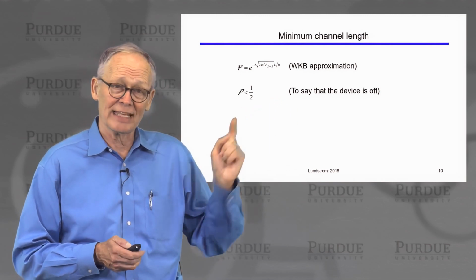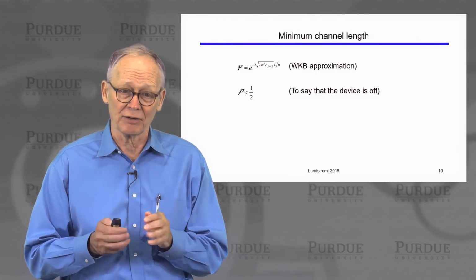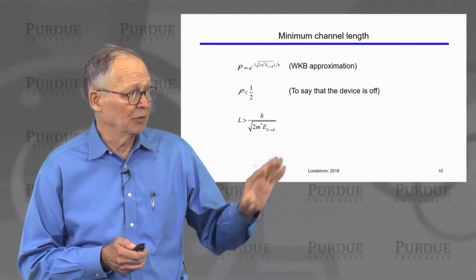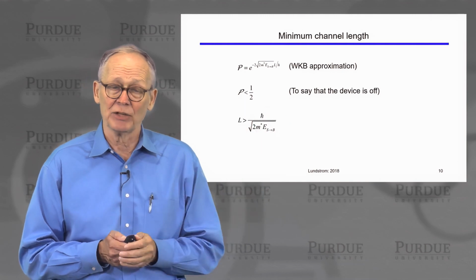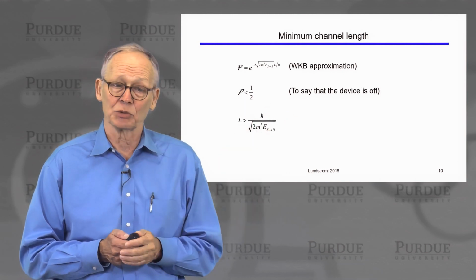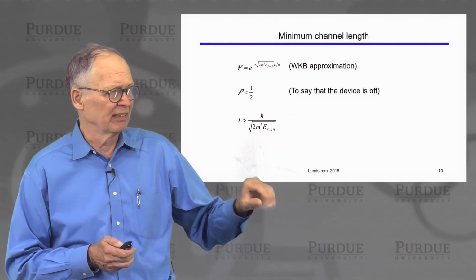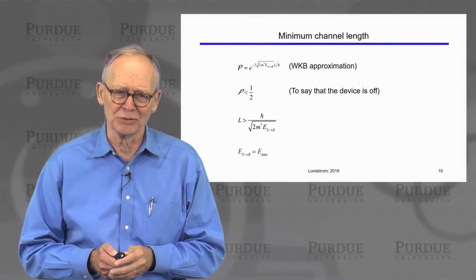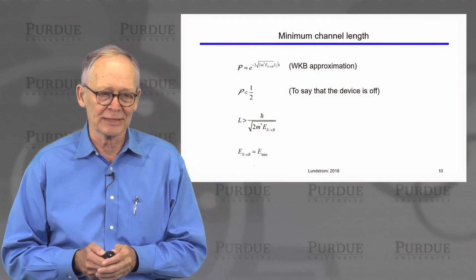If we say that that probability at most can be 1/2 to assure that we are off, then we simply solve that expression, and we will find that the channel length must be greater than h bar over the square root of 2m times the height of the energy barrier, right? There is a constant on the order of unity that I'm throwing out when I do this argument, but we're only looking for some very general fundamental limits.